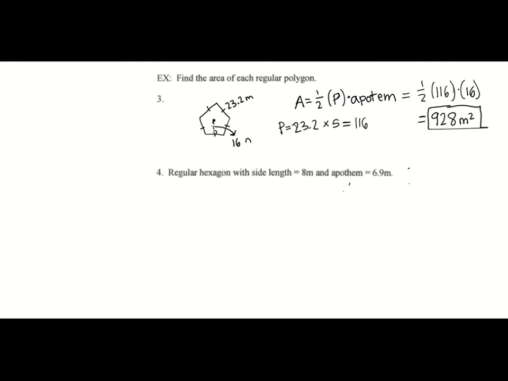Okay, let's look at number 4. Number 4 says we have a regular hexagon. So right there, that tells me 6 sides, with a side length of 8 meters and an apothem of 6.9 meters. To find the area, I need 1/2 the perimeter times apothem.